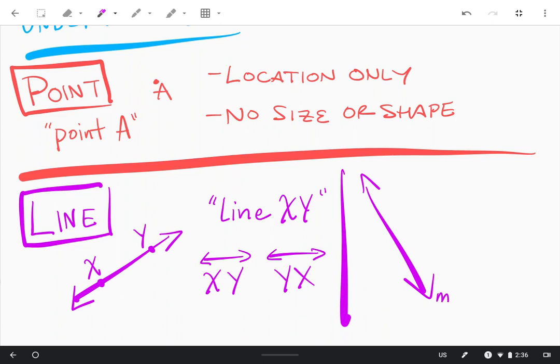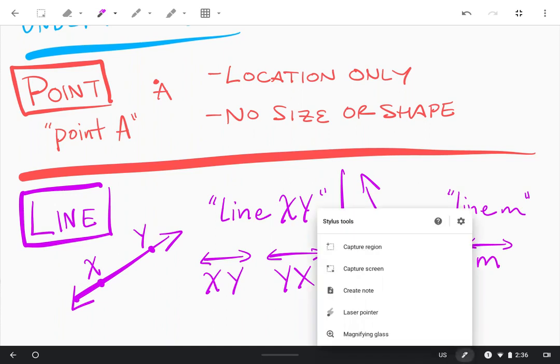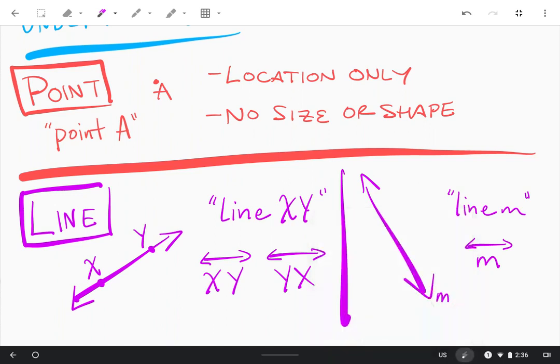If you see that, this would be referred to as line M, or you could write it just like we did the other ones with an arrow above it. So know just that there are 2 different ways we sometimes see lines written or drawn, and they are either with points or with just the small lowercase label. So this functions more like a label, the M does, whereas this refers to actual points, X, Y. Notice again that X and Y can be in any order for a line.